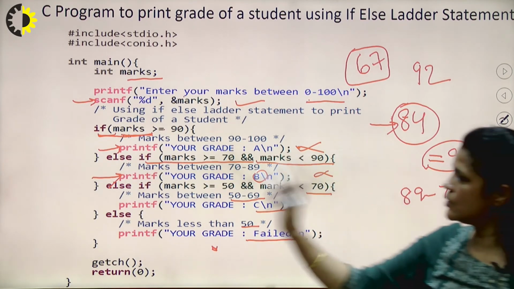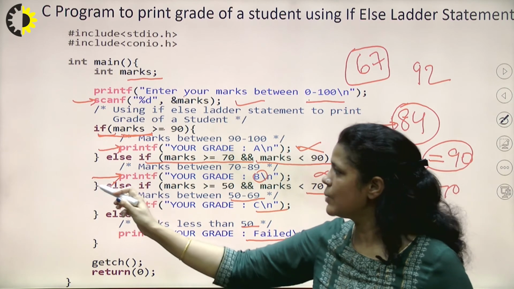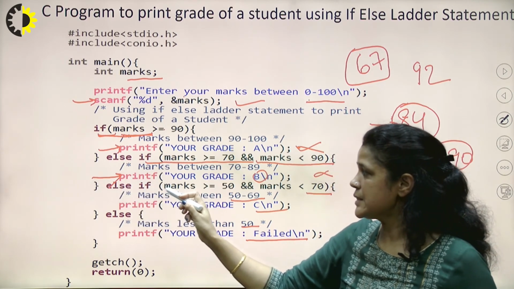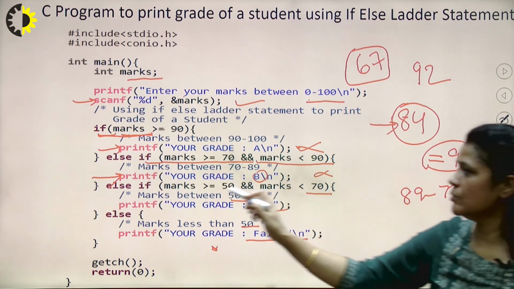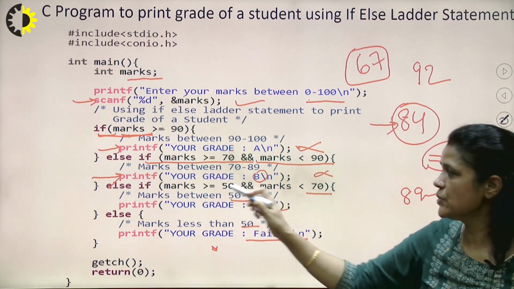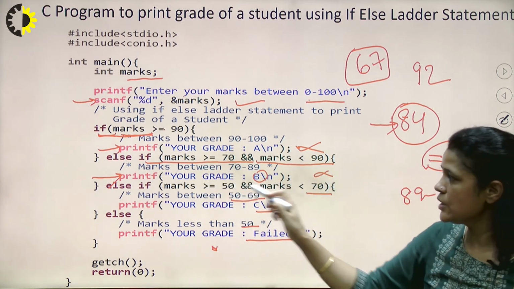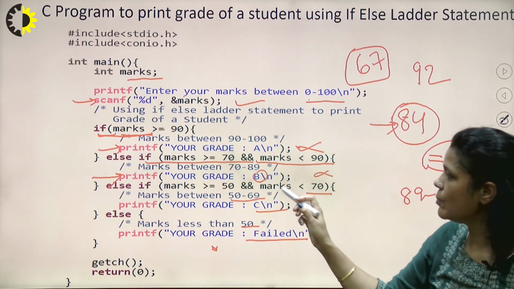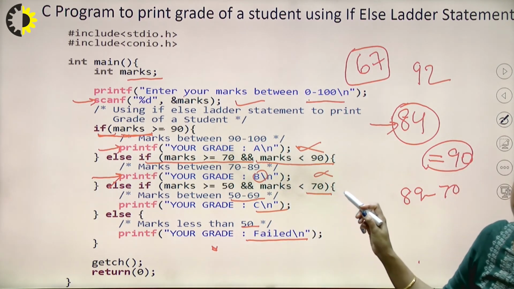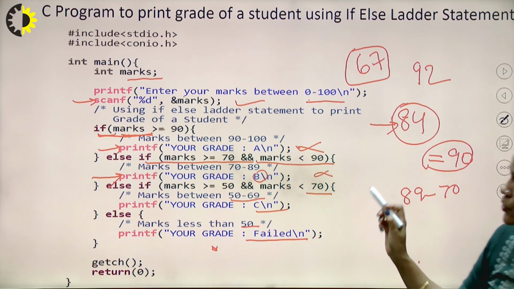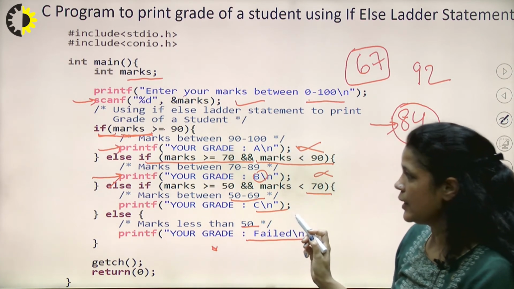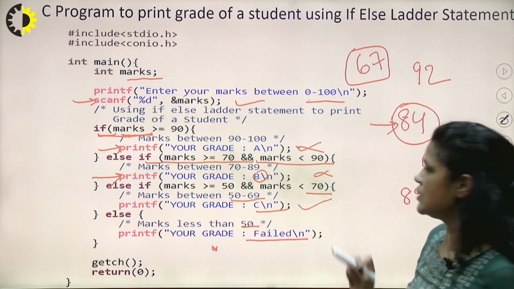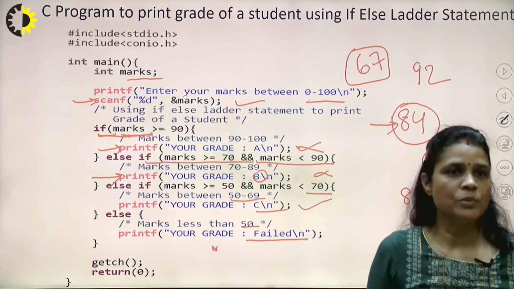So compiler's control will come here in the else part, and in the else part again an if statement is there with this condition. So check this condition, and according to this condition marks are greater than equal to 50, yes, and marks are less than 70, yes. So both conditions are true. So we can clearly say that the student's grade is C. So this printf statement will work this time, and what will be shown to the student?